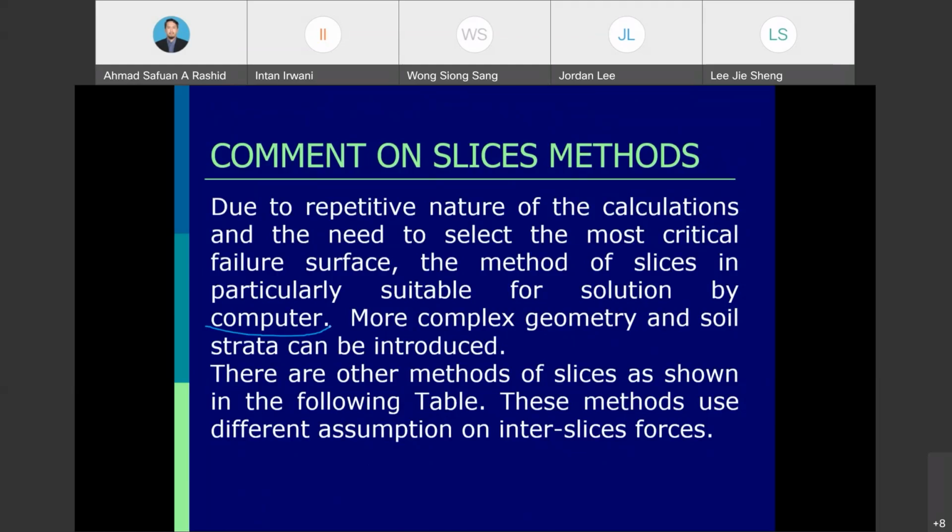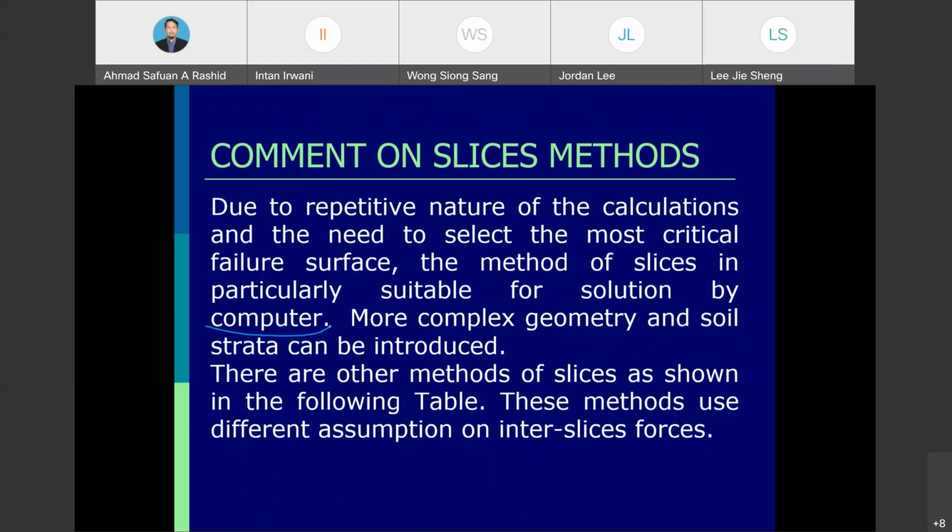For example, the common software for slopes is GeoStudio. In GeoStudio, we have the limit equilibrium method, which is under SLOPE/W. They also have a finite element approach, which is SIGMA/W and also SEEP/W, where SEEP/W can be used to include water or any unsaturated condition or suction.